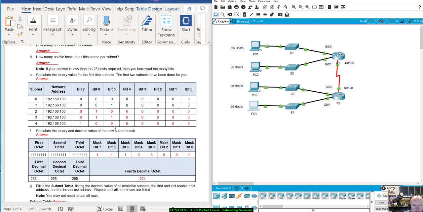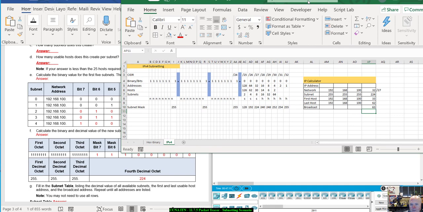Technically, if you had 4 LANs and 25 hosts, and only wanted 4 subnets, you could borrow 2 bits, make it a /26, and have 62 usable host addresses per network.